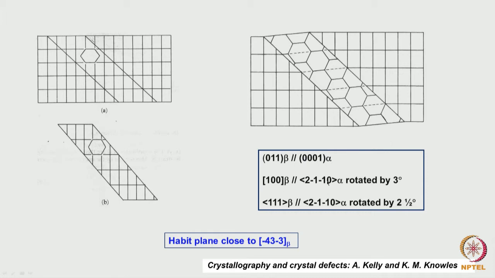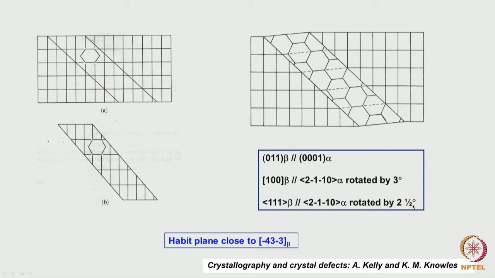Then this direction 2 1 bar 0 of alpha is rotated from this direction by about 3 degrees. The 1 1 direction of beta, the other direction, which is nearly parallel to a close pack direction, is rotated by 2.5 degrees.